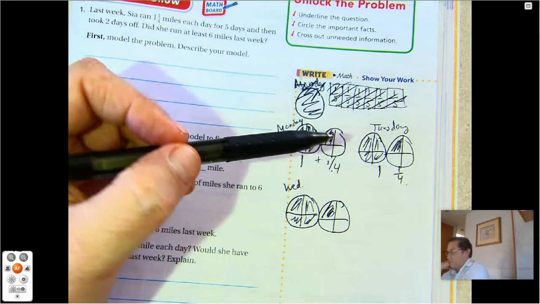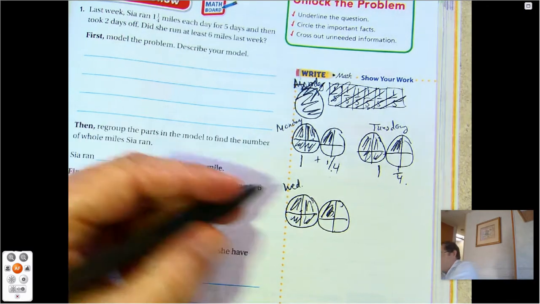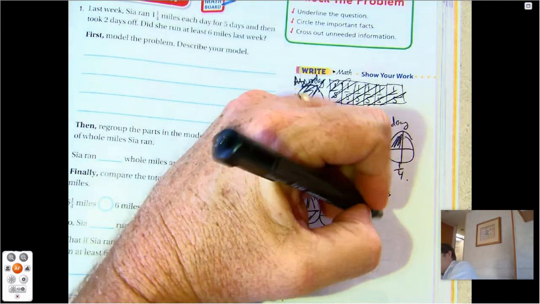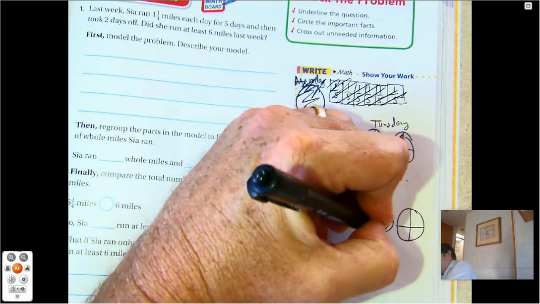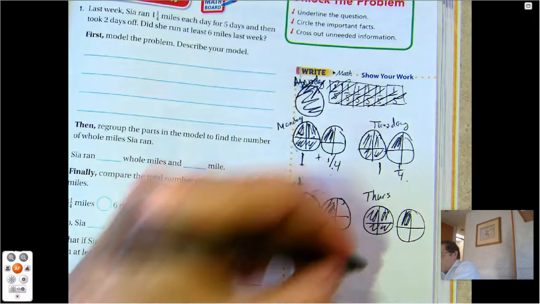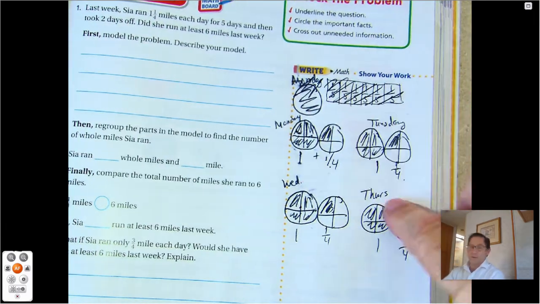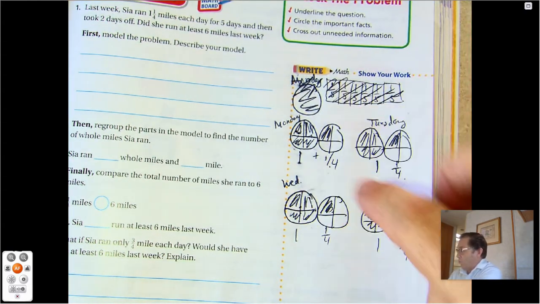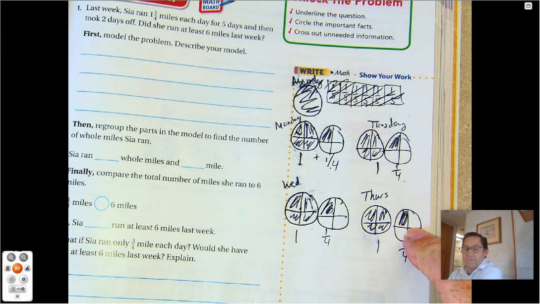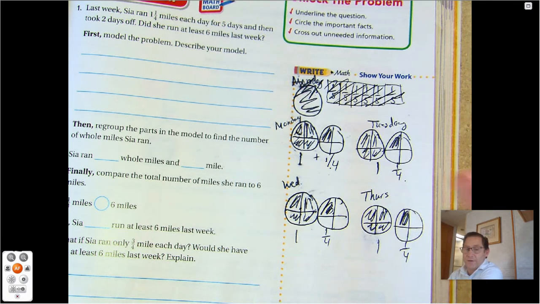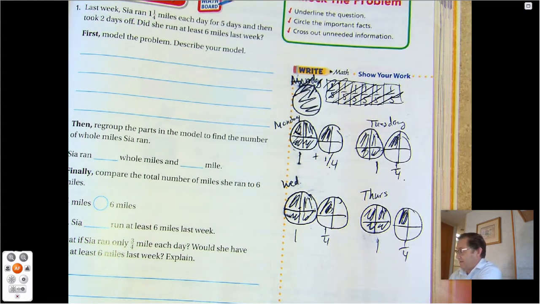All right, so now she's ran 1, 2, 3, and 3/4. Thursday, okay, 1, 2, 3, 4 days. 1, 2, 3, 4 circles, and 4 left over of 1/4 of each of those 4 days. So that's an extra one. So 1, 2, 3, 4, 5.